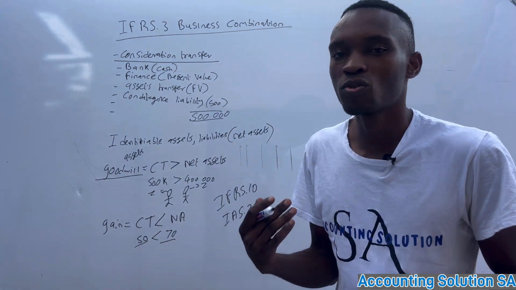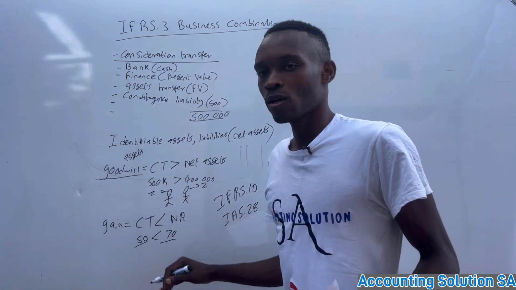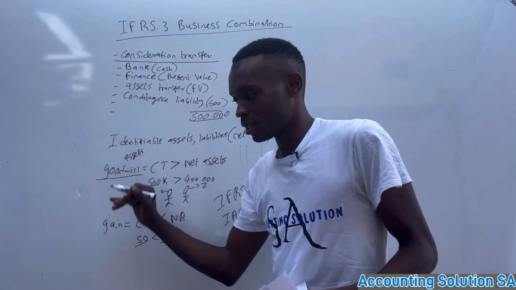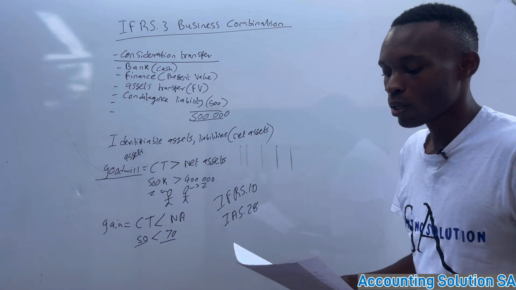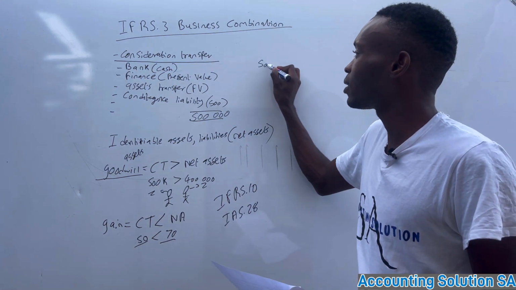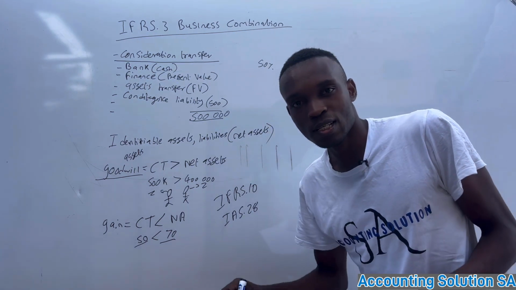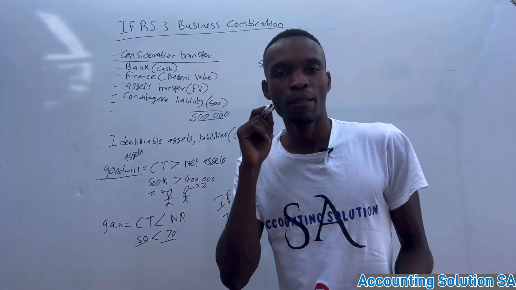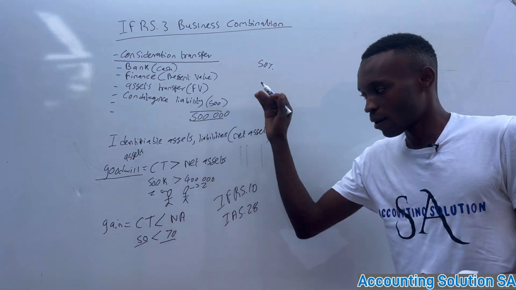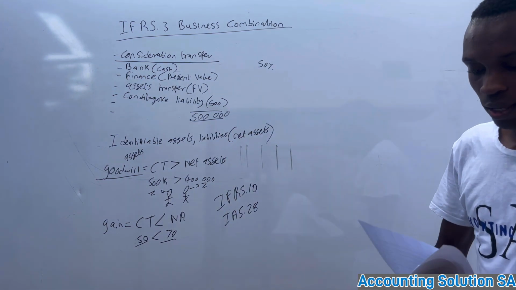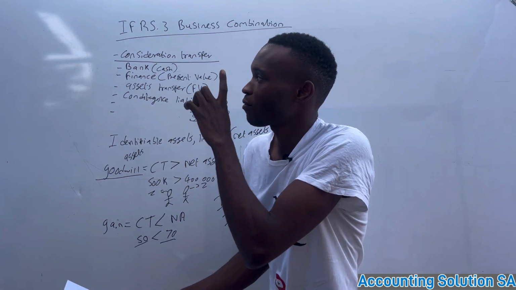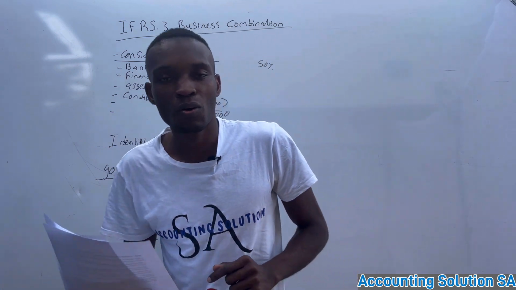You don't just consolidate, guys. You must first go through all this short process that I summarized. Then after that, you can choose, depending on what percentage or many other factors, which please go and check in the IFRS 10 and IAS 28 video, so that you will know that now you need to apply a certain standard. So I hope you learn something from this basic, and we are going to do a calculation in part 2.